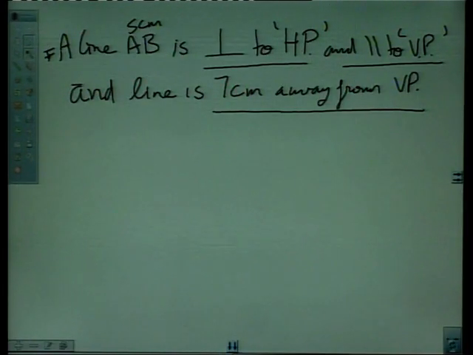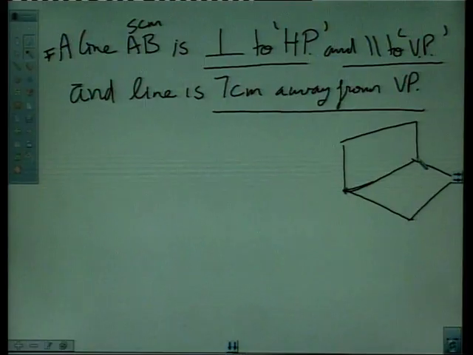First, in rough, quickly make horizontal plane and vertical plane and try to imagine the position of the line. Say a line AB is perpendicular to horizontal plane, means line is not like this. It is perpendicular to horizontal plane, means line is like this.